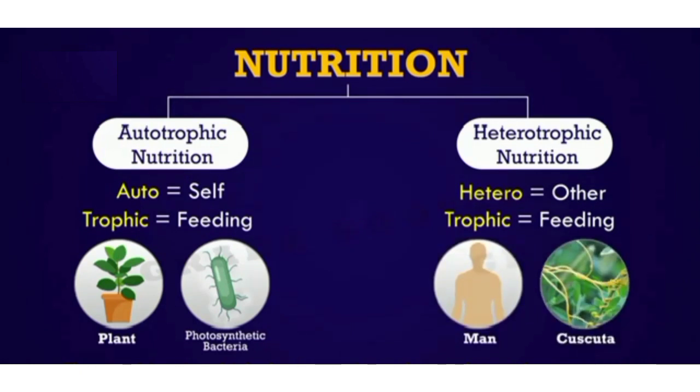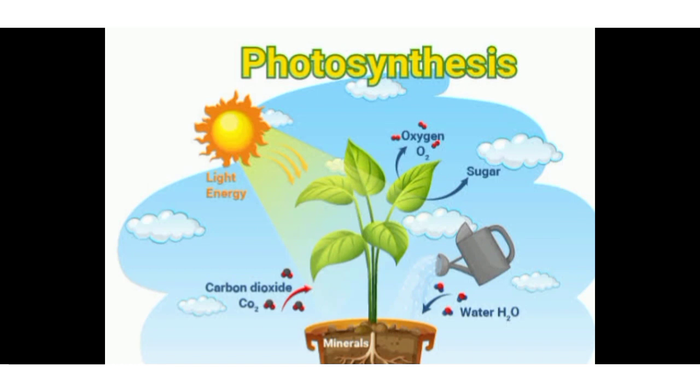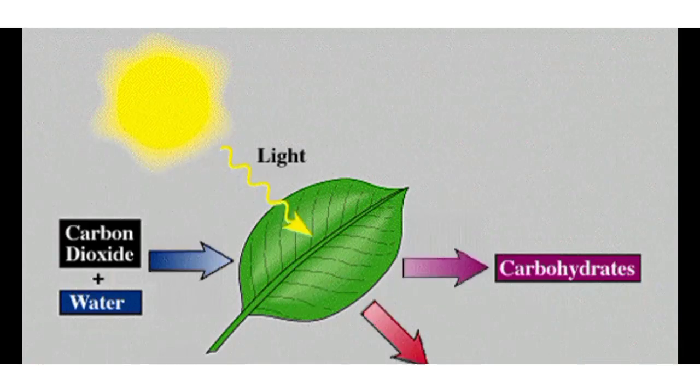Now let's look at photosynthesis as an example of autotrophic nutrition. The word photosynthesis can be split into two: photo meaning light and synthesize meaning to produce. So photosynthesis is a process whereby green plants manufacture their food from sunlight by combining carbon dioxide and water in the presence of chlorophyll.